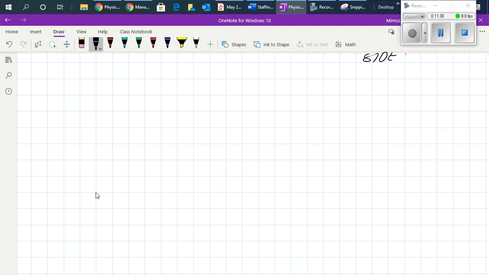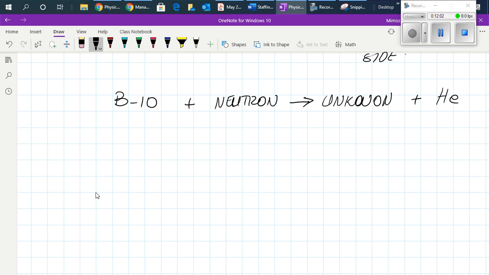Okay, so now we have boron-10 plus a neutron producing an unknown element plus an alpha particle, which is helium-4. So every time that you see an alpha particle, it's either alpha particle or helium-4.